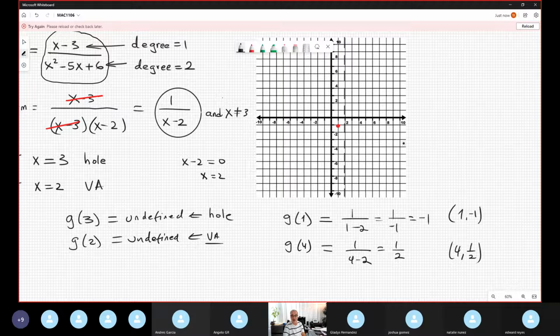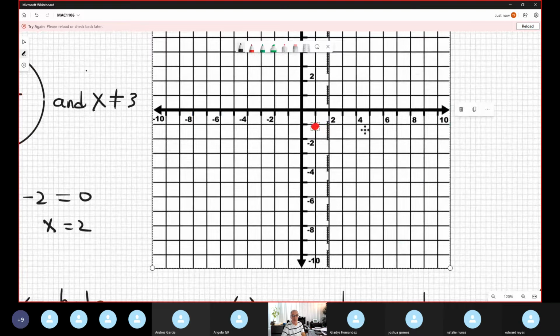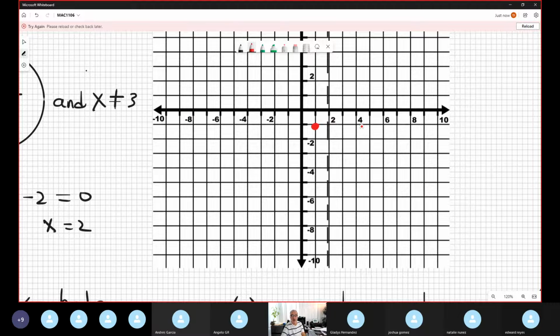Let me try to do my best. 4 comma 1/2 is here. This is 4. And 1/2 is the half of this over there. 4 comma 1/2 positive. Oh, I'm crazy. This is 1.